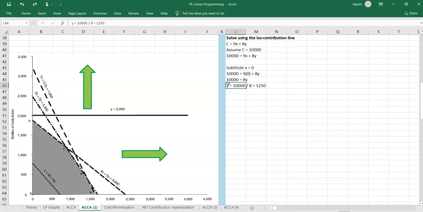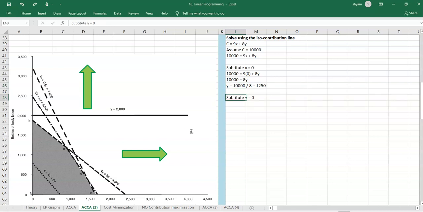So we'll put it like this. If you take here, y equals 1250. So y is 1250, so it is between these lines. It would be here, the point would be here, one point.